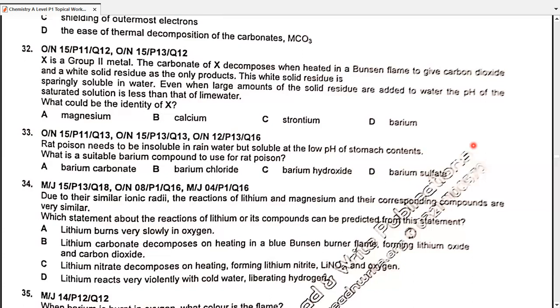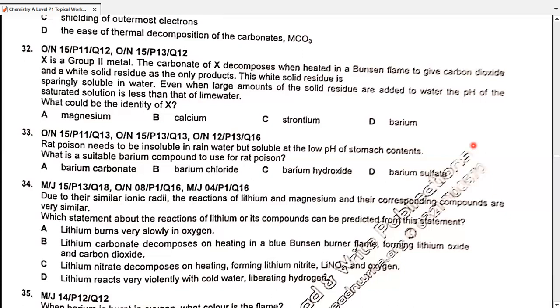C. The barium hydroxide is soluble in water. Barium sulfate is insoluble. And barium carbonate is also insoluble. D. Is barium sulfate alkaline in nature, to be dissolved in low pH of stomach contents?